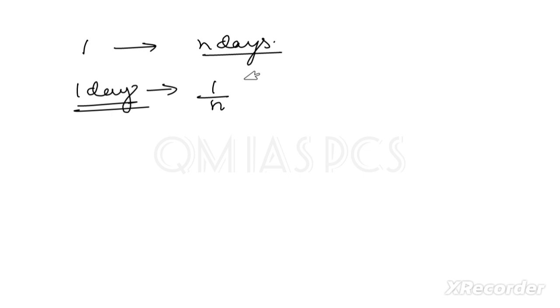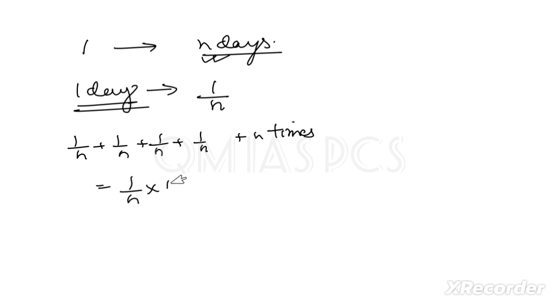How to understand this one? Let's think like a unitary method: 1 by n plus 1 by n plus 1 by n plus 1 by n. How many days are there? n days. So we write this n times. So you can say 1 by n multiplied by n.